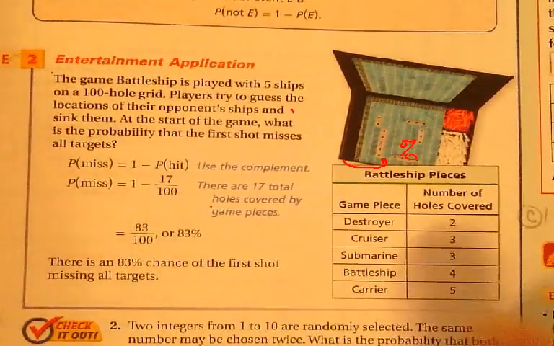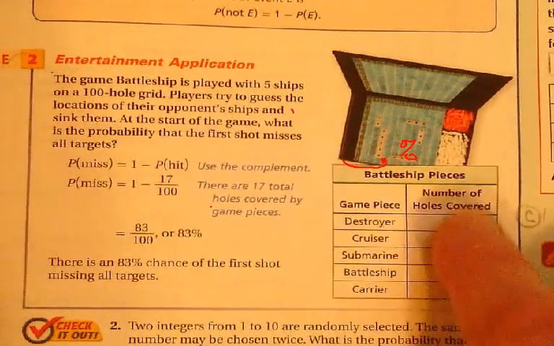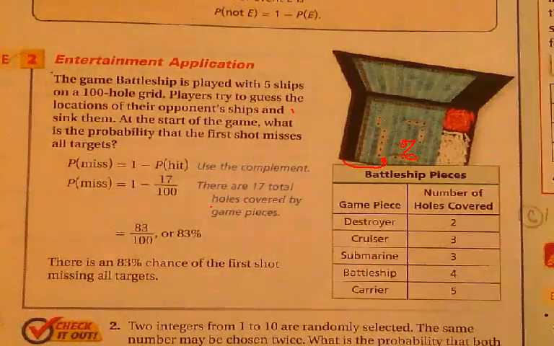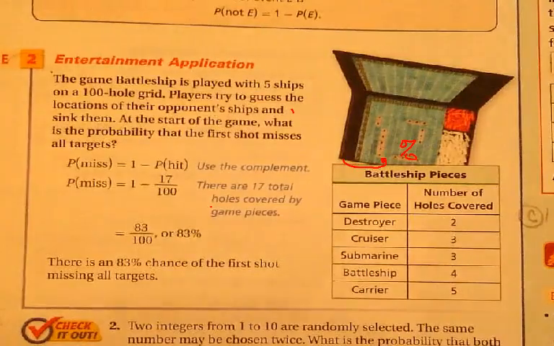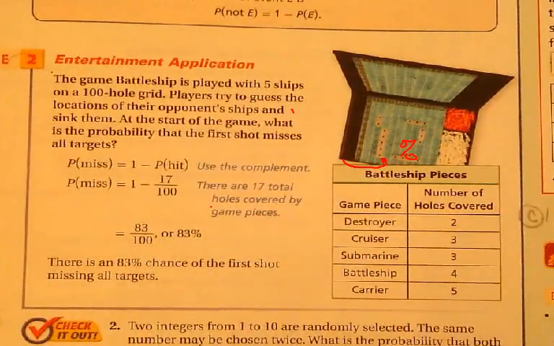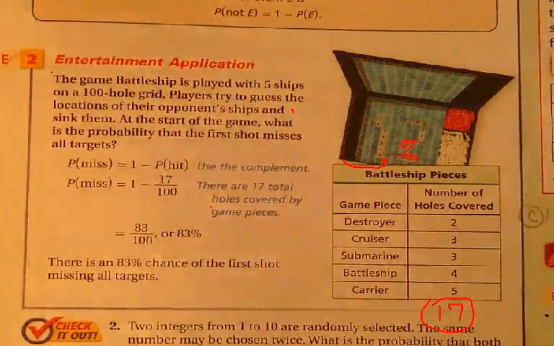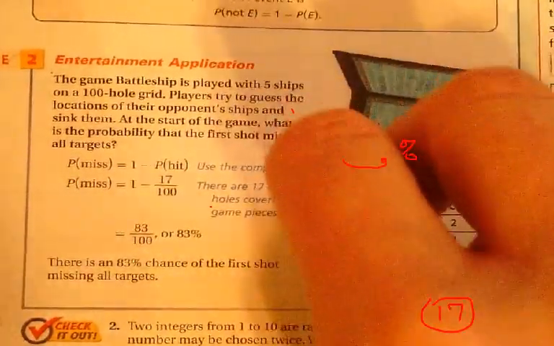If we add all these together, 5 plus 4 is 9, plus 6 is 15, 17. When you add them up, the sum is 17. So the ships cover 17 holes.